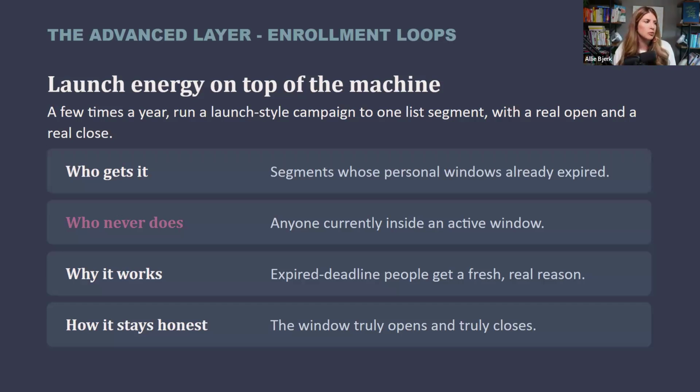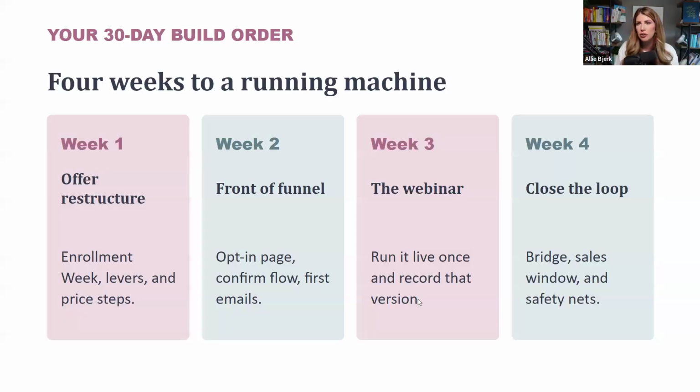I think that hybrid can work really well. And this works easily as for the ethics and the honesty of it, because it is a live open window, but you're not reliant on that as a creator, because that's not the only time you're making money inside your business. It can be a good cash injection, or it could be fun to get some of those people off the fence that just needed something live, even if you're more reliant on the evergreen for your consistent revenue.